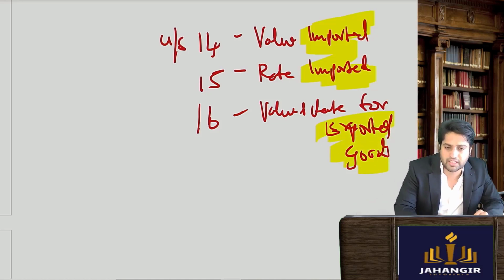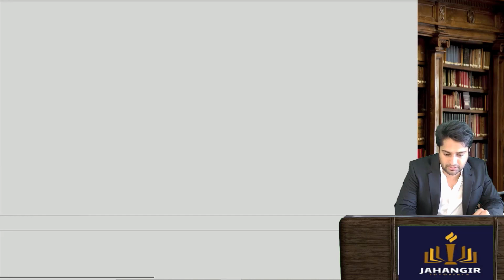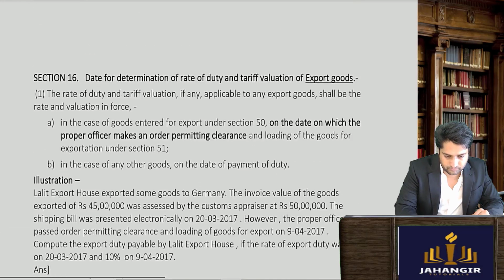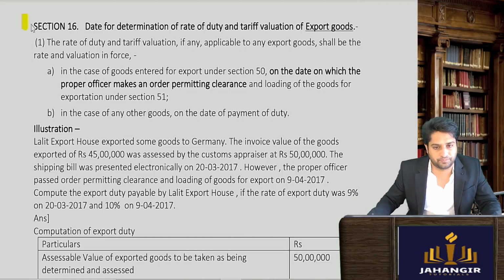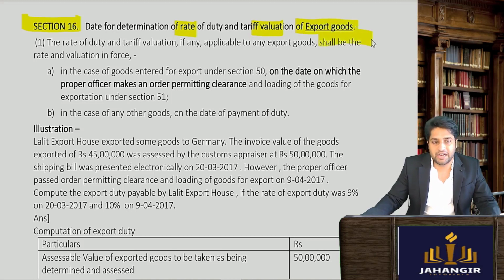तो अभी देखते हैं एक्सपोर्ट के केस में वैल्यू एंड रेट क्या लेना है. बहुत ही सिंपल है ये. सो सेक्शन नंबर 16 says that the rate and the value for exported goods shall be the rate and value in force in case of the goods are entered for export.